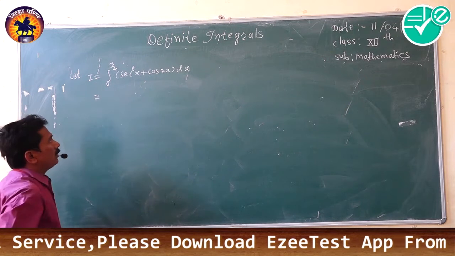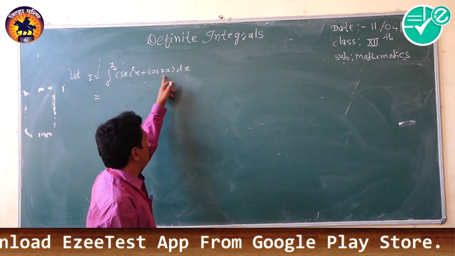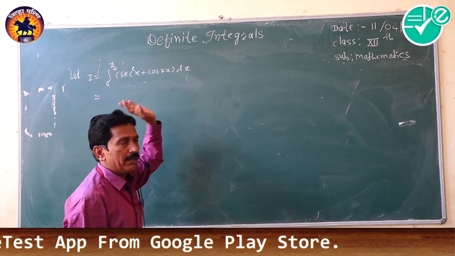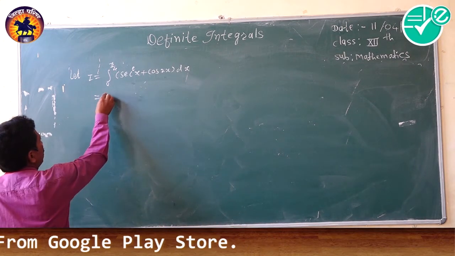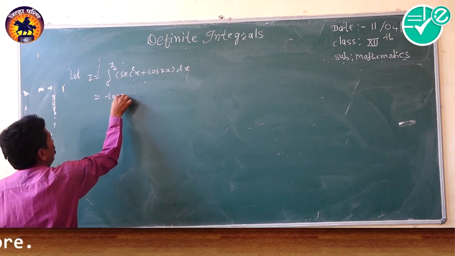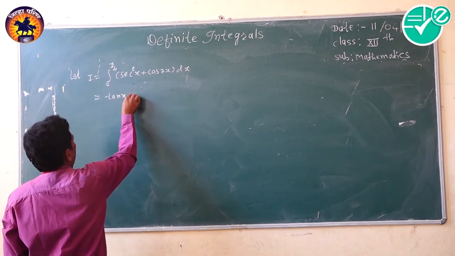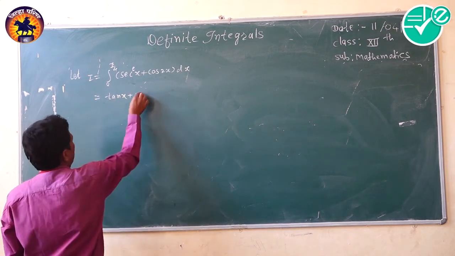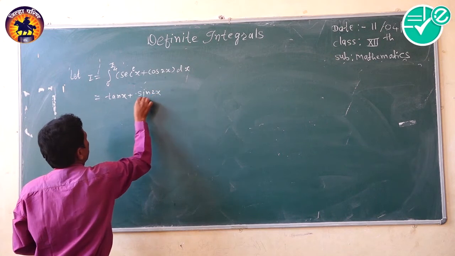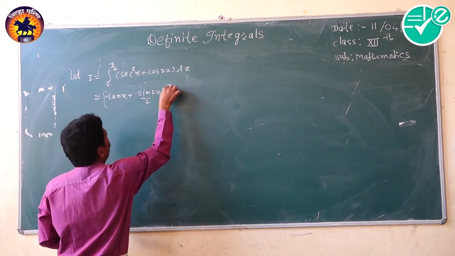Now this sec square x we can directly integrate, and cos of 2x we can also integrate. Therefore integration of sec square x is tan x, and integration of cos 2x is sin 2x by 2. Limits are 0 to pi by 4.